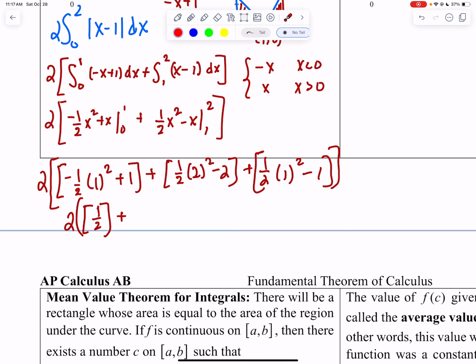Then we have 1/2 times 2 squared. 2 squared is 4. 4 divided by 2 is 2. 2 minus 2 is 0. So that really doesn't do anything much. And then we have 1/2 times 1 squared, which is 1/2, minus 1, which is negative 1/2.